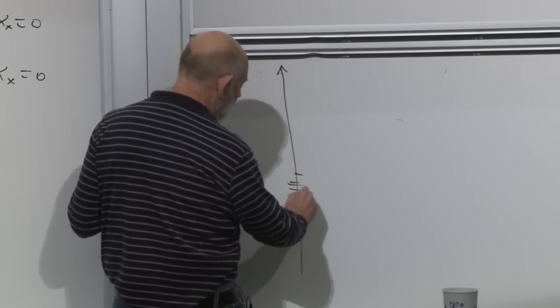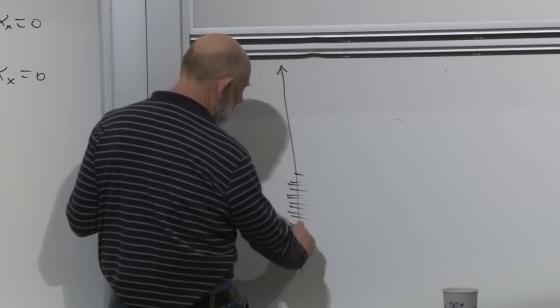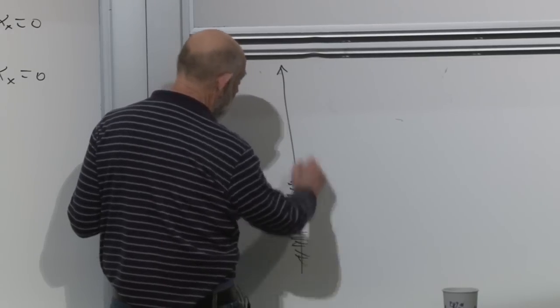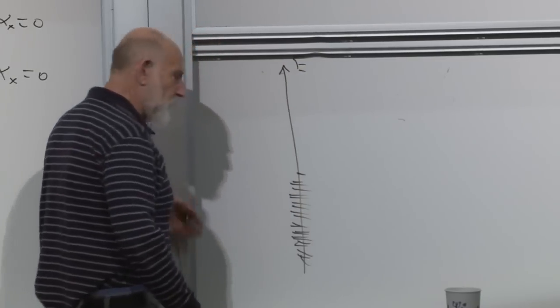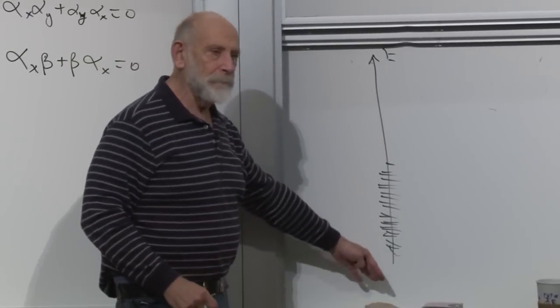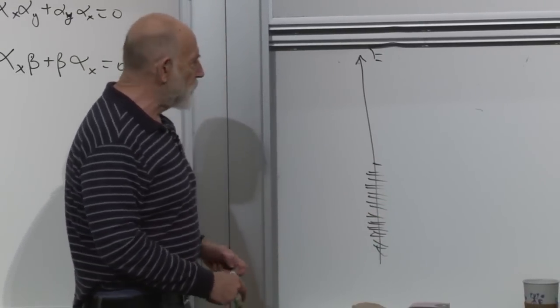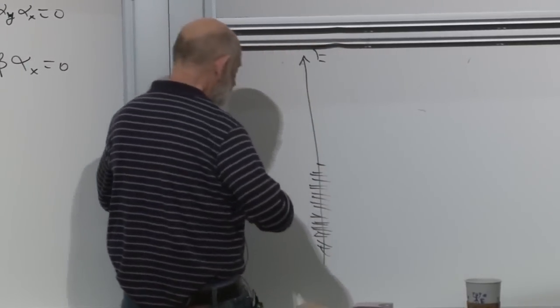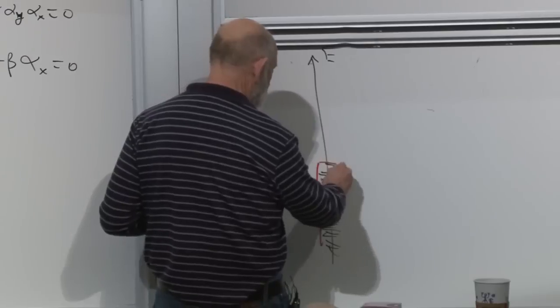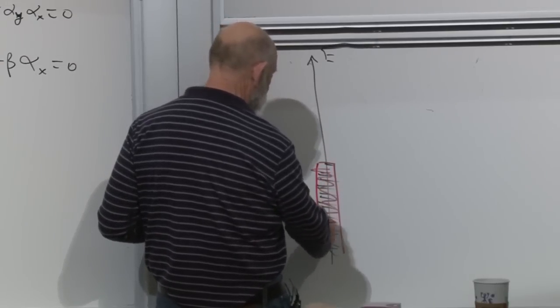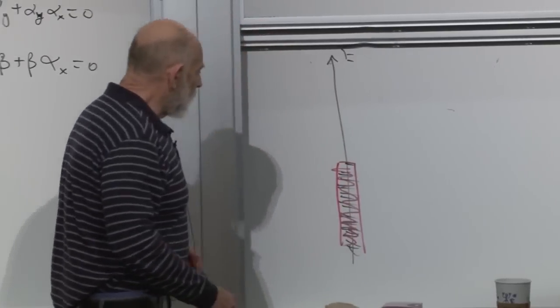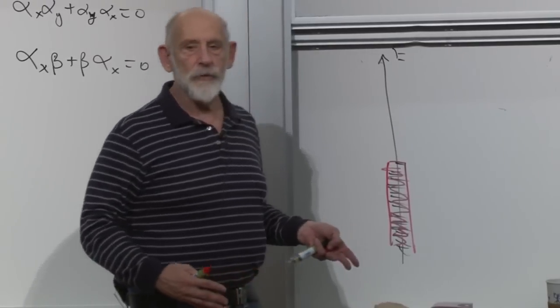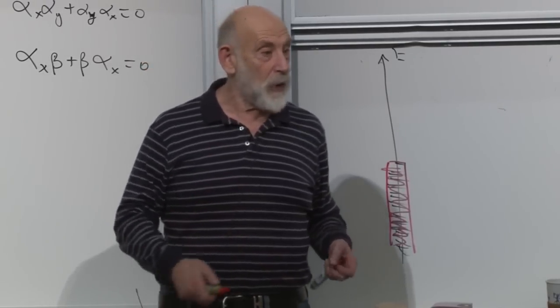Here are all the negative energy levels, lots of them. And what Dirac said is fill these all up. Put a particle in every one so it becomes a sort of monolithic thing which you can't put any more particles into. And that way you stabilize the vacuum against more negative energy particles.